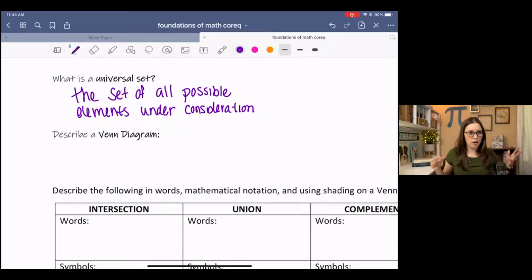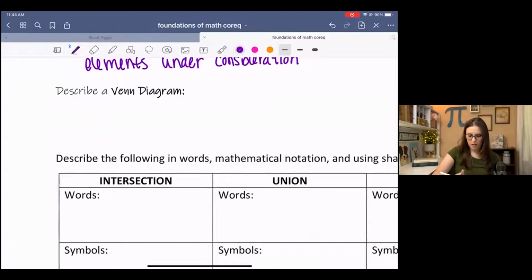There's not just one. And then a Venn diagram is typically got a rectangle, and then it has some circles inside. It can be any number of circles inside, but these circles are going to be overlapping. So it's just shapes, basically.